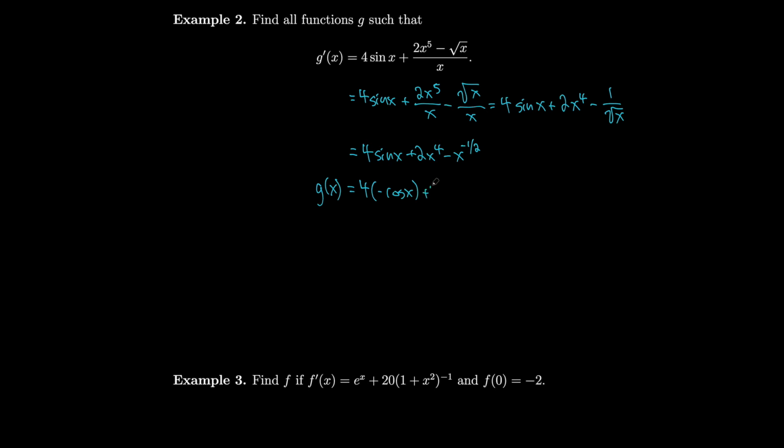So it's going to be plus 2 times x to the 5th over 5. And then again, we increase the exponent by 1, so this becomes x to the 1/2, and then divide by 1/2. And we have our arbitrary constant. Simplifying, we get minus 4 times cosine x plus 2/5 x to the 5th minus 2 root x plus c.